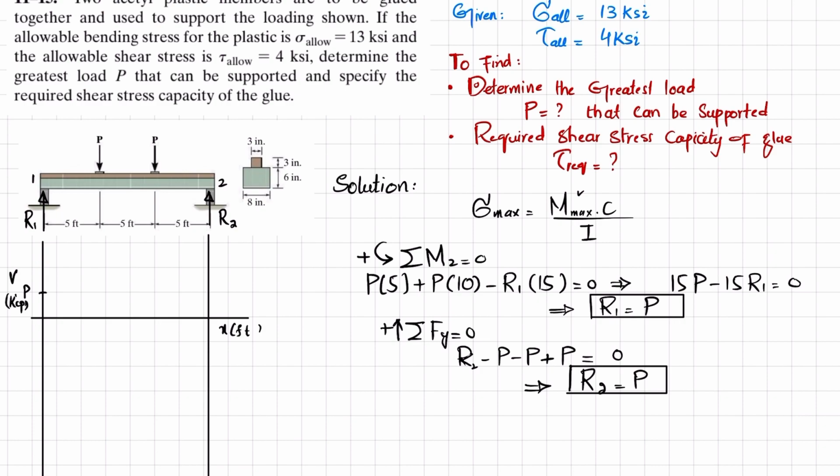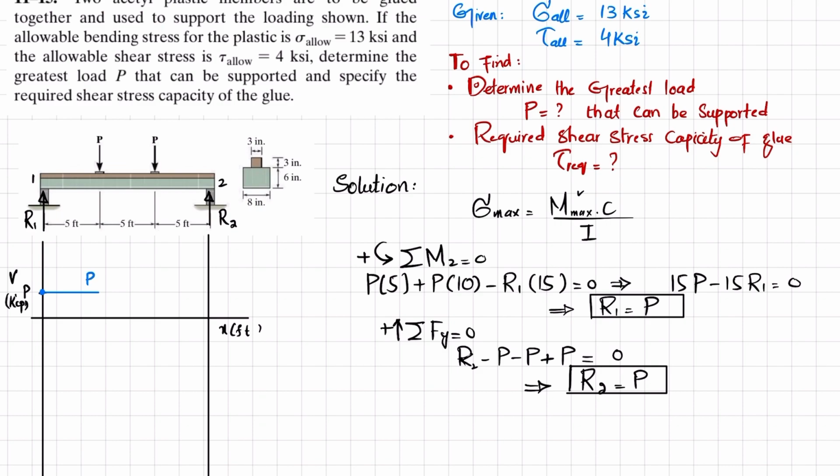Now you can see that at this point we have R1, which is equal to P, so we will plot it. This will be your first point. Moving from this till this point, there is no other force, so this P will remain constant.